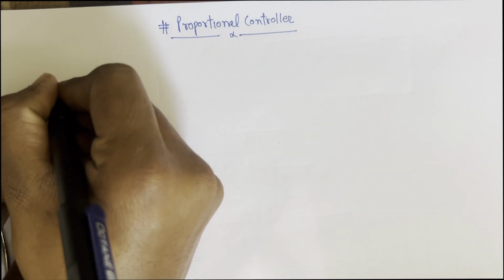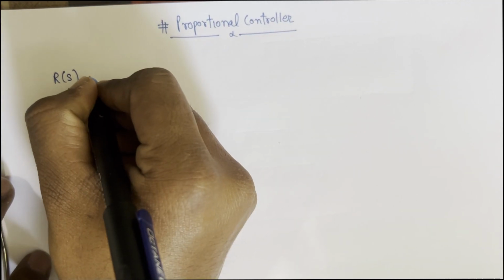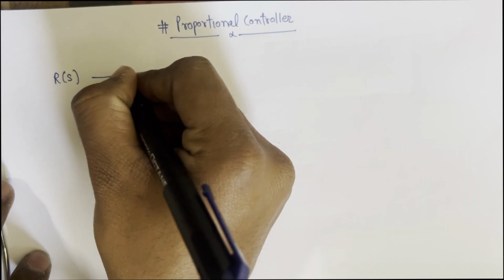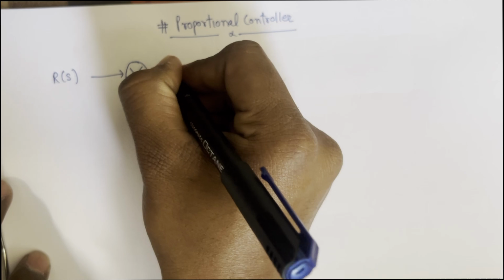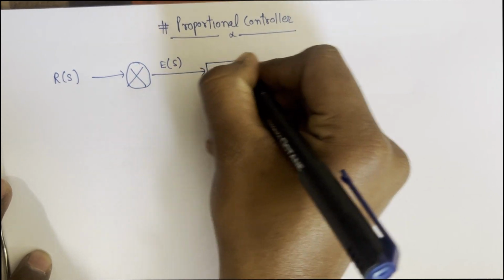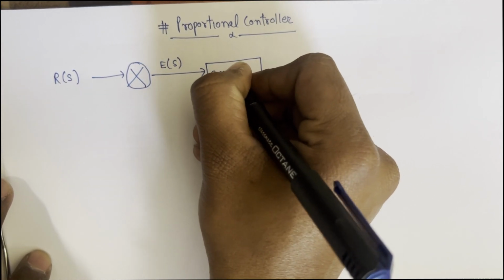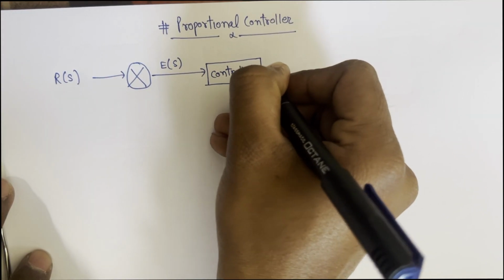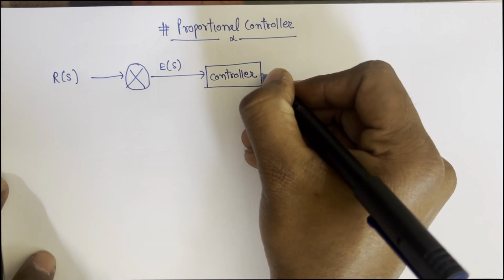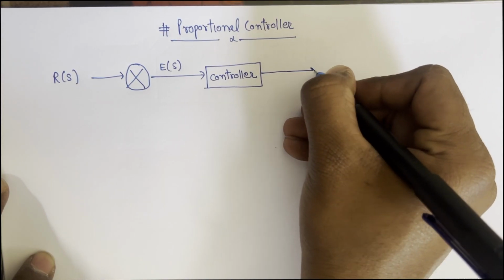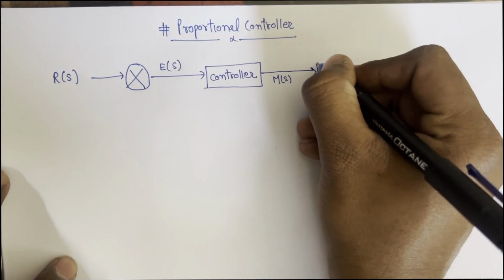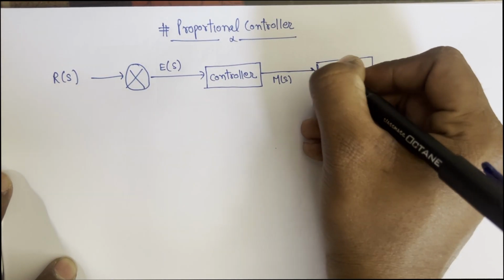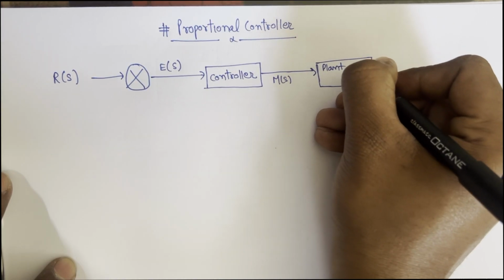Let's see the block diagram of a control system. This is our input R(s), then comes a summer block, then here we get an error signal E(s) that goes into a controller. A controller produces a control signal, that is M(s), which drives the plant or the system.